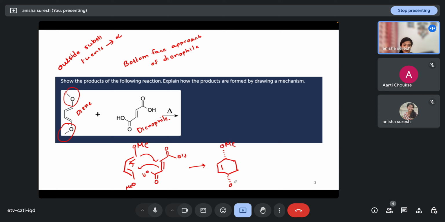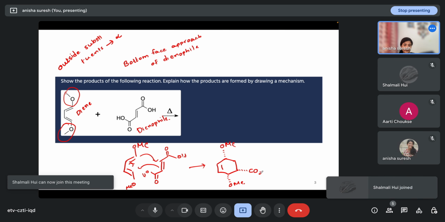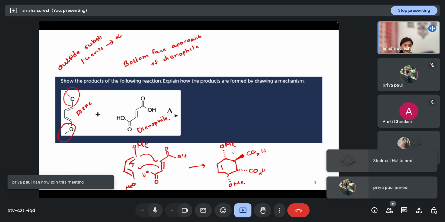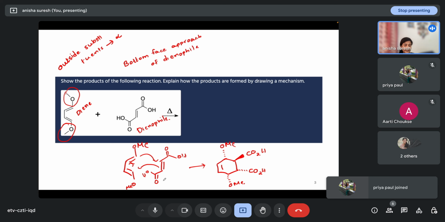This OMe will be alpha, and this will be CO2H. So this is coming from the dienophile part. So it should follow the trans stereochemistry of the dienophile in the final product. Okay.